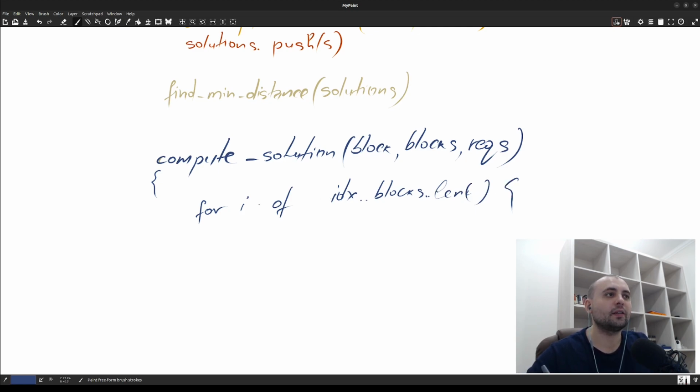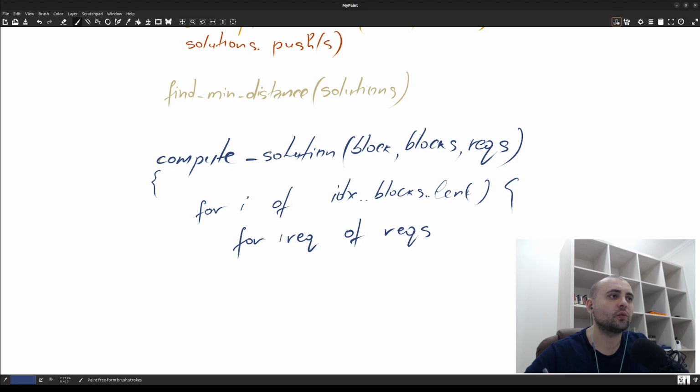So for this, what we'll need to do is take into consideration all the requirements. So we'll do another iteration, like for requirement of requirements. I guess we'll need to enumerate everything.